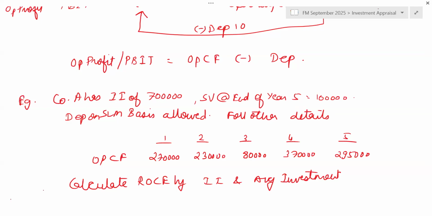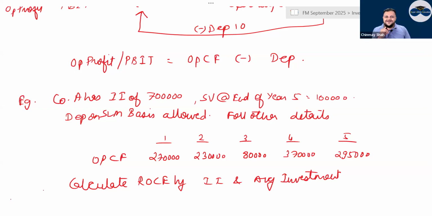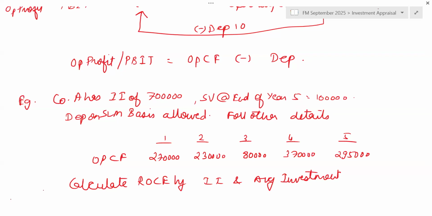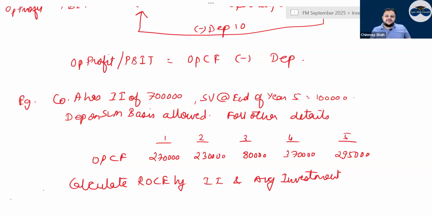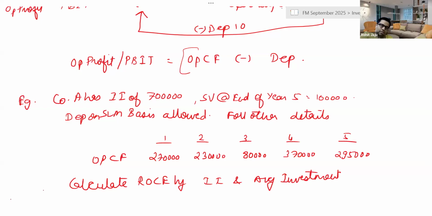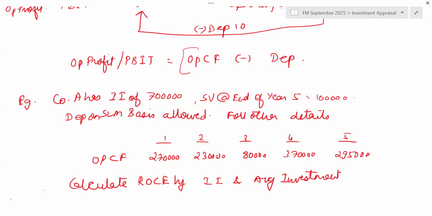You have what, PBIT given or operating cash flow given to you? Operating cash flow. From operating cash flow, if you want to go to PBIT, how will you go? Deduct depreciation, correct?